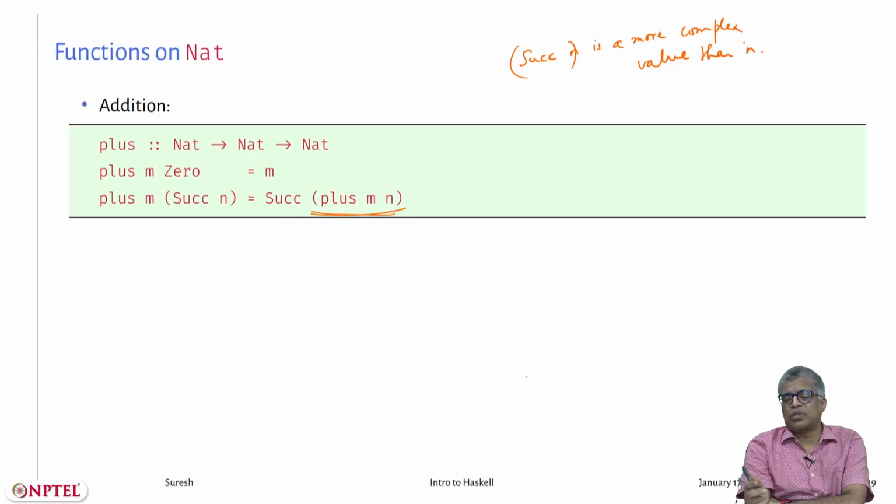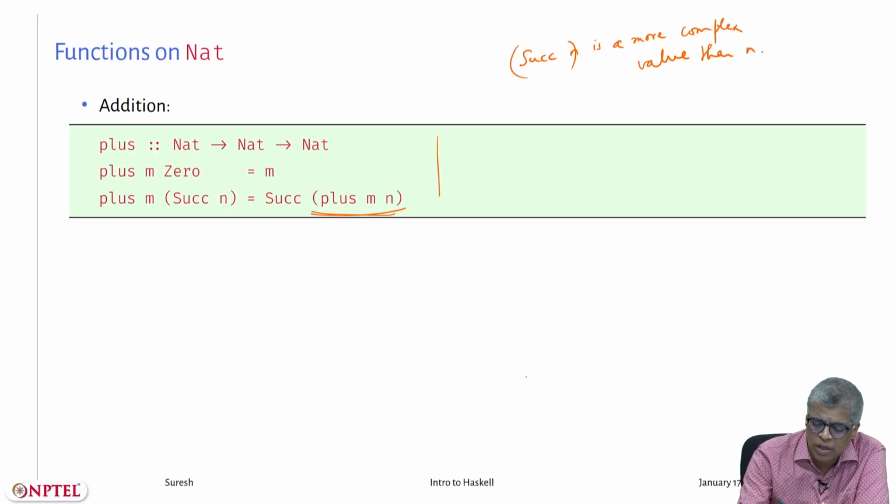That's very clear because you use more letters for one, but also it is something applied on top of n, whereas this is just plain n. So you're doing recursion on some kind of structure.